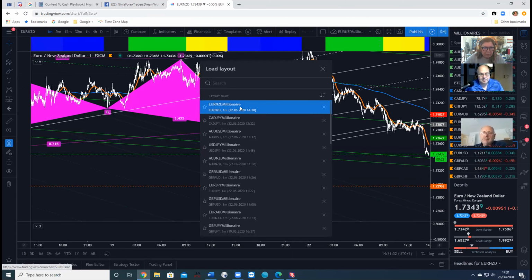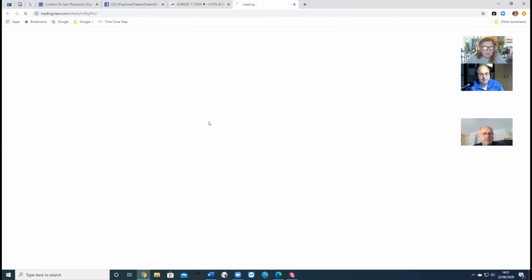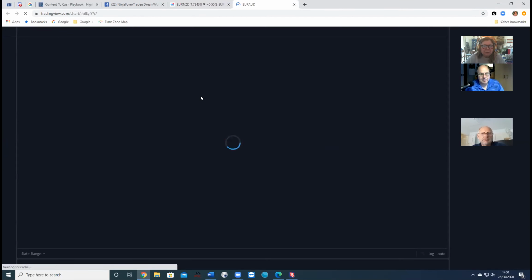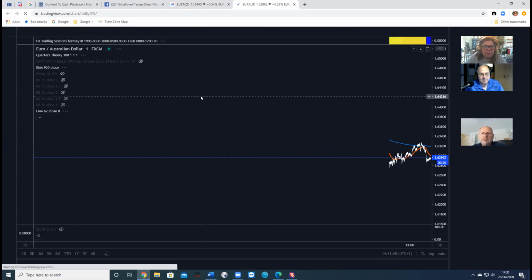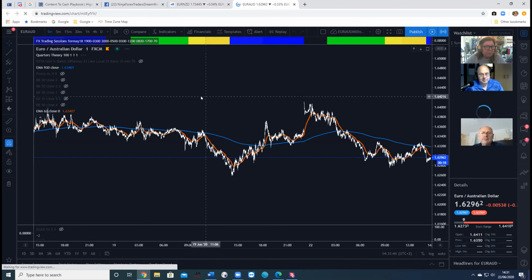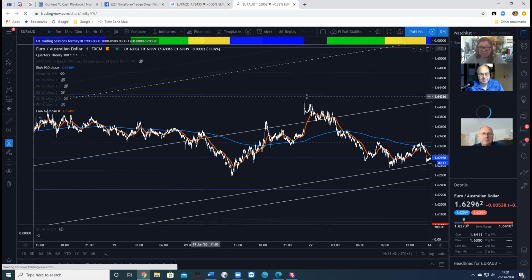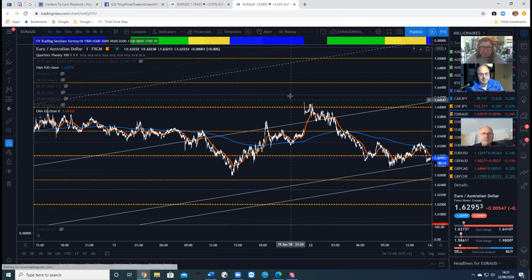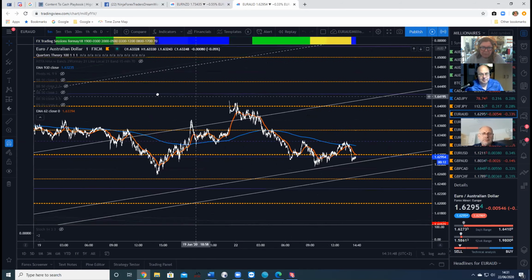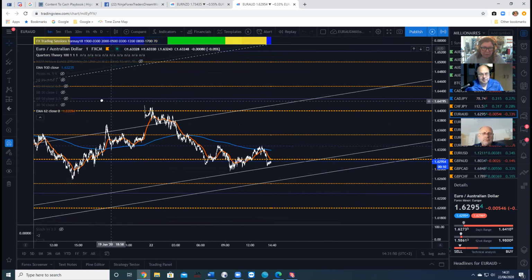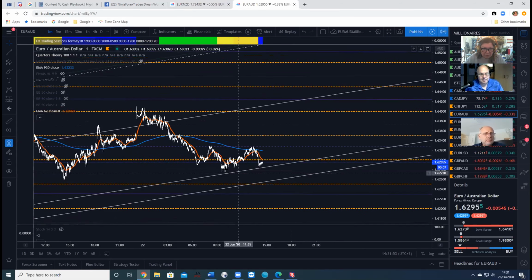Go back to the one we were talking about, Euro Australian dollar. That's it, that's opening up okay now. Oh, that's a bit interesting.